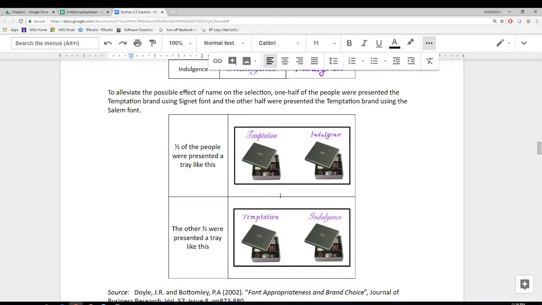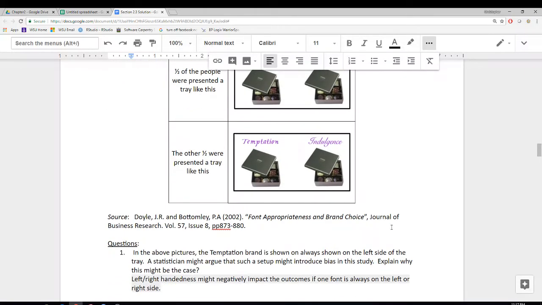But if we mix that up for some people, these people should be picking Temptation because that's the Signet font. These other people should be picking Indulgence because that is the Signet font. We believe that the Signet font is actually better for selling a box of chocolates. So that crossover will prevent bias from happening.